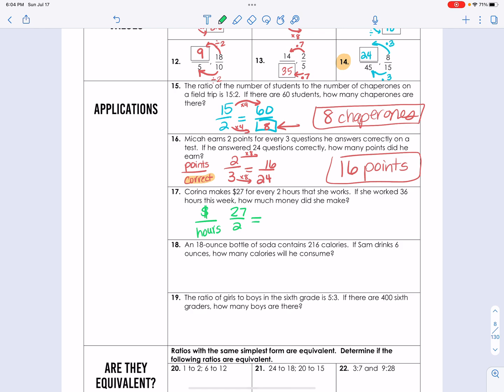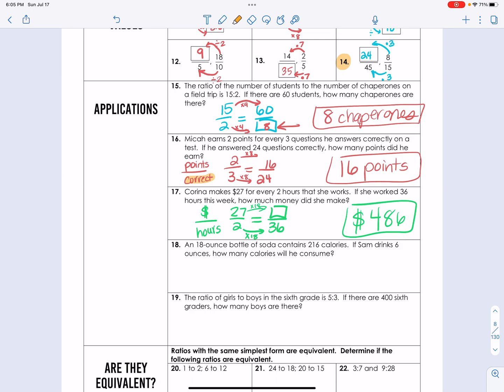So if she worked 36 hours, that has to go on the bottom because my hours are on the bottom. How much money did she make? So what did I do to go from 2 to 36? I multiplied by 18, and you can totally use a calculator because I don't know what 27 times 18 is. I would have to pick up a calculator and do it, and it's $486. Okay.